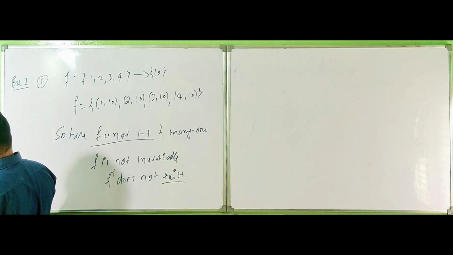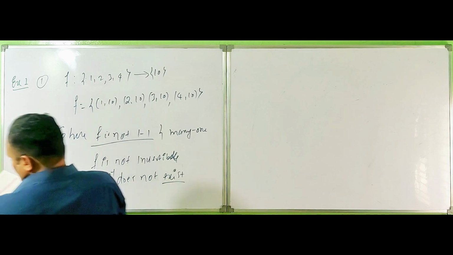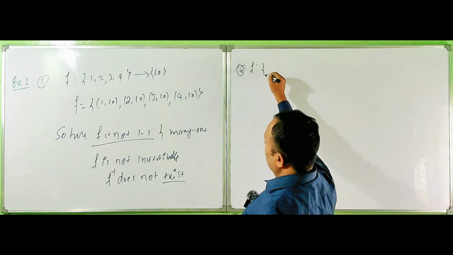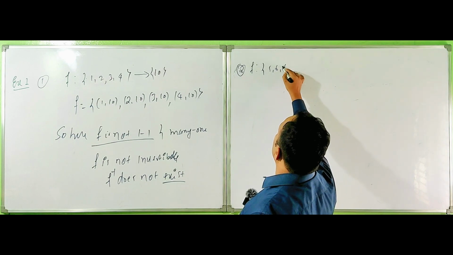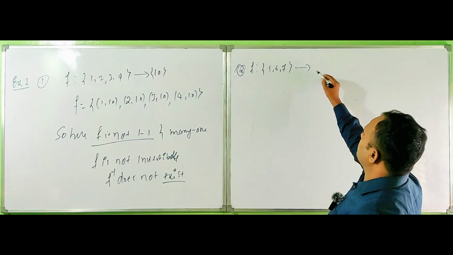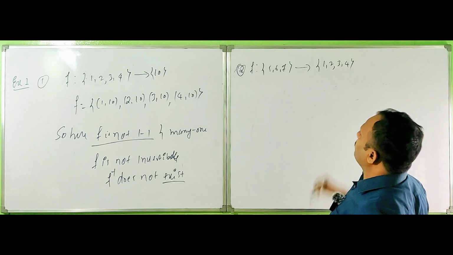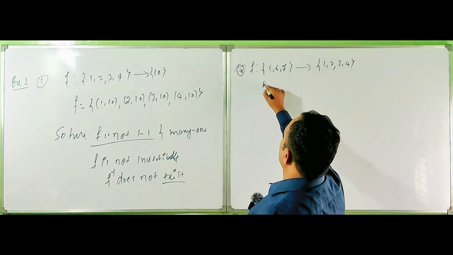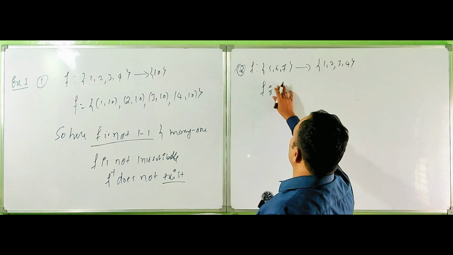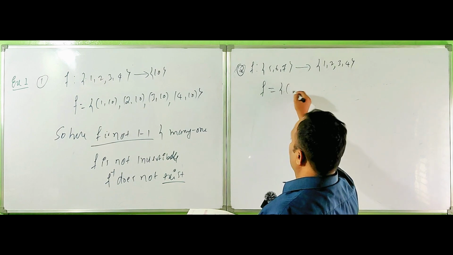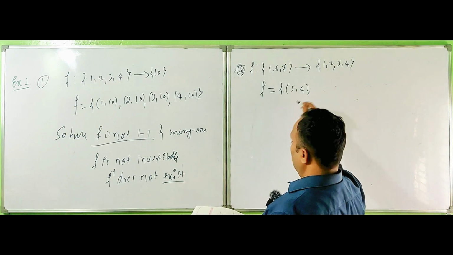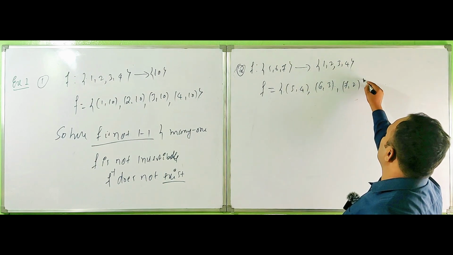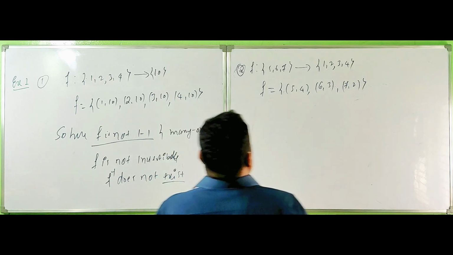Next one: f is a function defined from {5, 6, 7} to {1, 2, 3, 4}, and f is given as ordered pairs (5,4), (6,3) and (7,2). We have to show whether it is invertible or not.